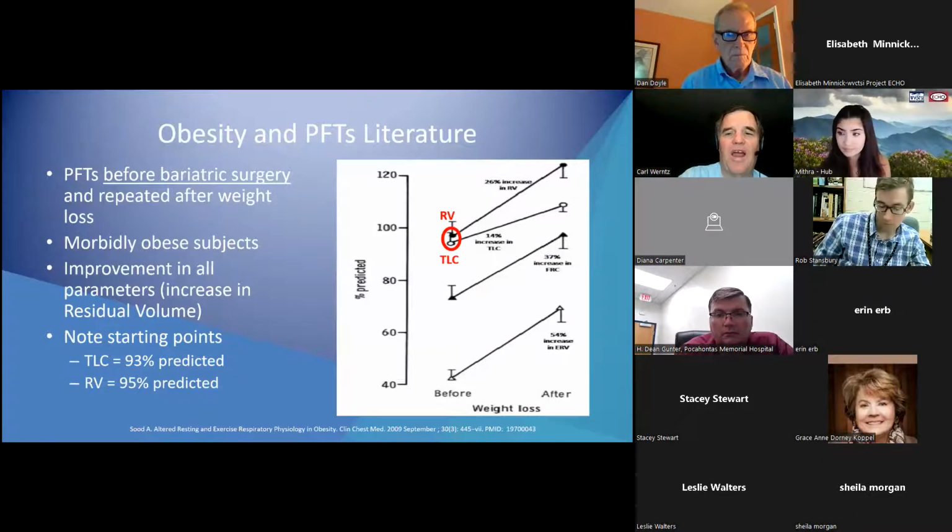But if you look on this graph, it went from maybe 90% predicted to 105% predicted. It still stayed around normal, the total lung capacity. The residual volume is the one thing that is definitely affected by obesity. And I just want you to know their starting points. They weren't very decreased, even in patients so morbidly obese that they were eligible for weight reduction surgery.